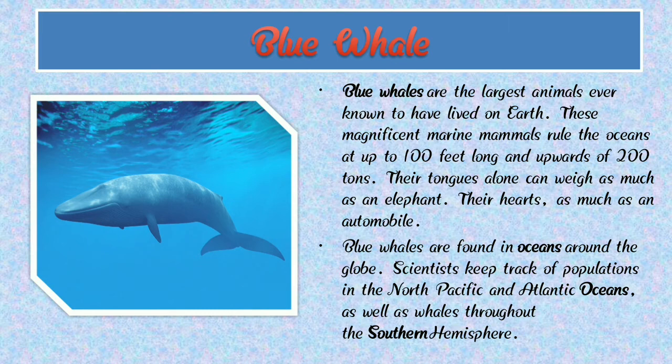Their tongues alone can weigh as much as an elephant, their hearts as much as an automobile. Blue whales are found in oceans around the globe, and scientists keep track of populations in the North Pacific and Atlantic Ocean as well as whales throughout the Southern hemisphere. So, the blue whale is the largest mammal.